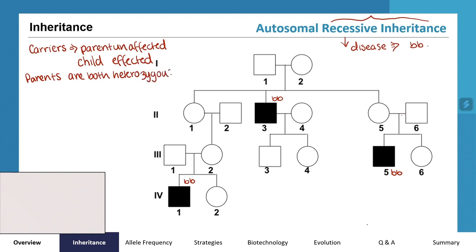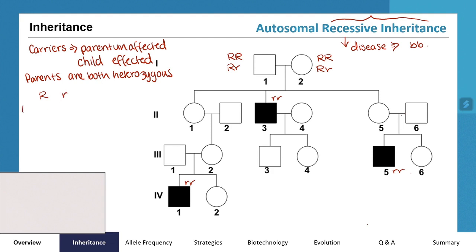So let's just say our gene this time is R. This parent could be double capital R. They could also be heterozygous. I'll go RR, Rr, and rr for the recessives.